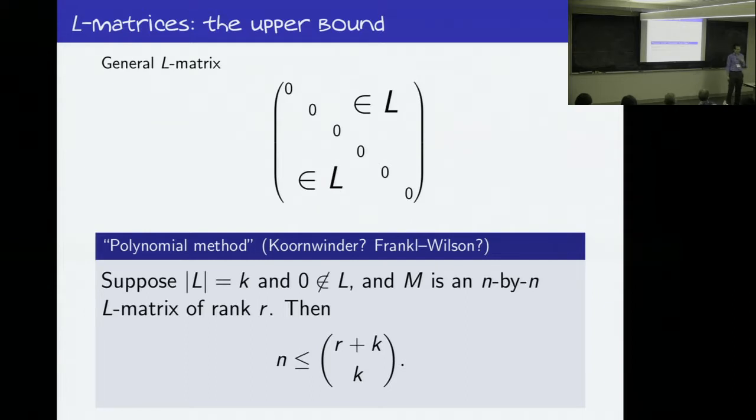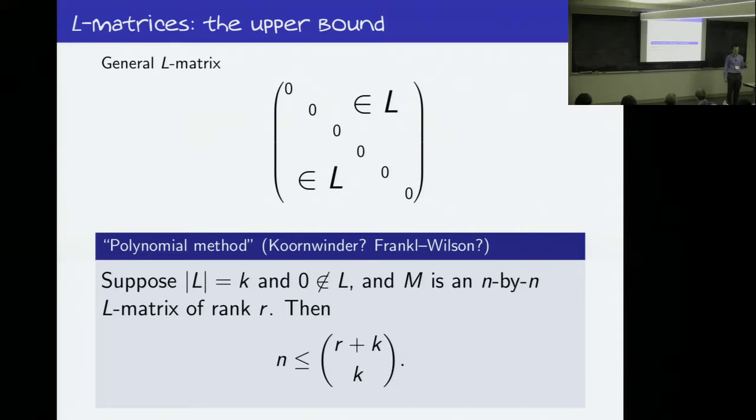Boring. So if L has no 0 and has k elements, then the upper bound on the size is approximately rank to the power k. It's written here as a binomial coefficient, but it's basically rank to the power k.